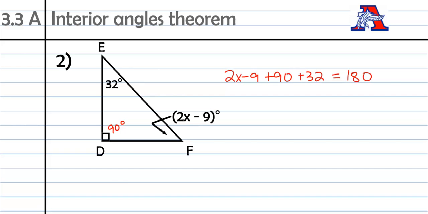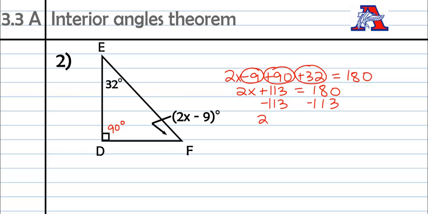Okay. Now we just have some cleaning up to do. Our 2x can stay by itself, but then we have to add together negative 9 plus 90 plus 32, which is positive 113. And all of that is equal to 180. Now we need to get that x by itself. So I'm going to subtract 113 from both sides.